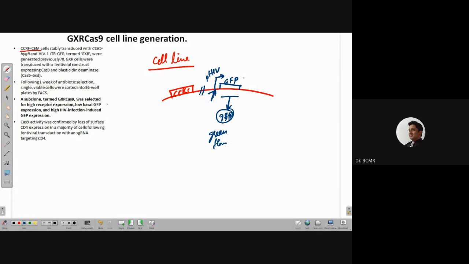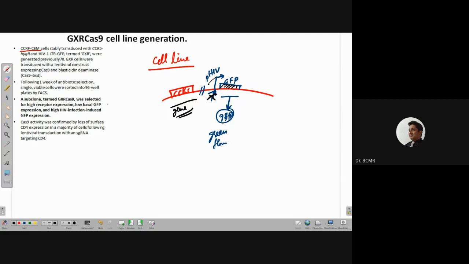If HIV is not present in the cell, the promoter is not active, because of which GFP is not produced and there is no green fluorescence. Maybe mild green fluorescence may be there. I hope you understood that. It has the CCR5 gene, and a reporter, that is GFP, under the control of the HIV promoter. For simplicity, I am saying promoter of HIV.